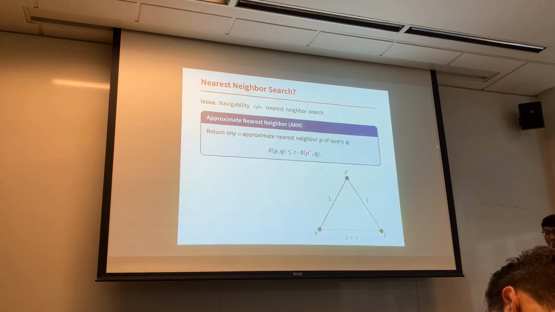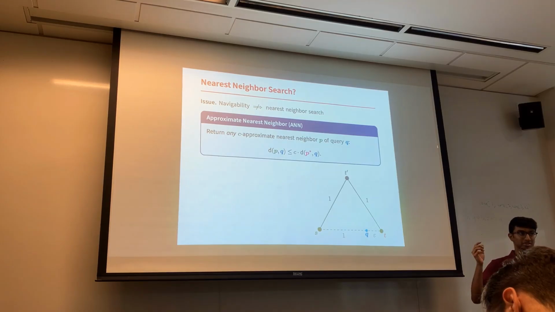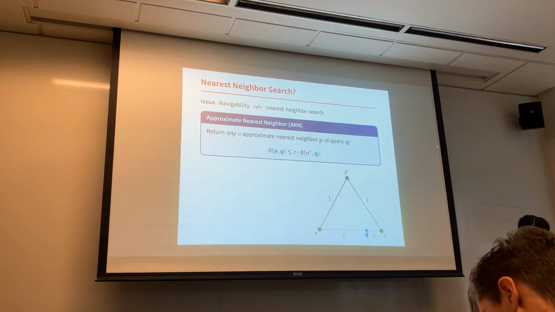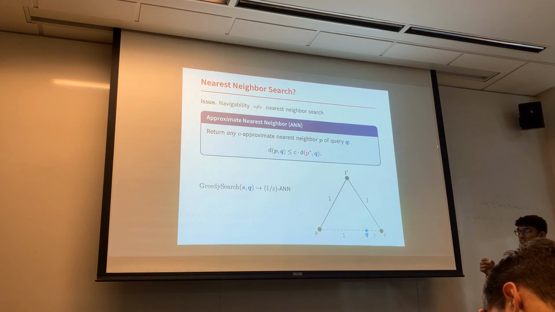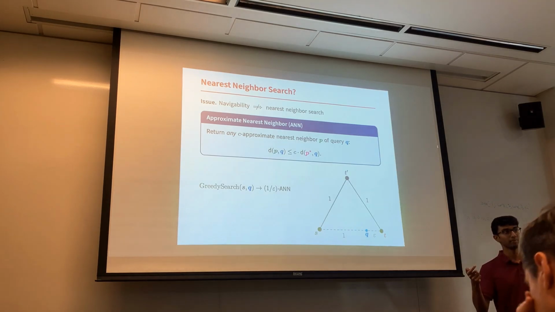So this is a navigable graph, but let's see what it means for nearest neighbor search. If I plant a query very close to T, let's say epsilon close to T, and then run a greedy search from source S, I'm not going to move anywhere.